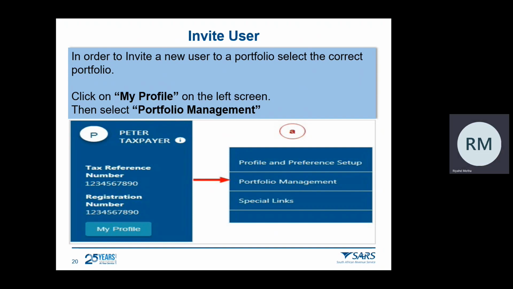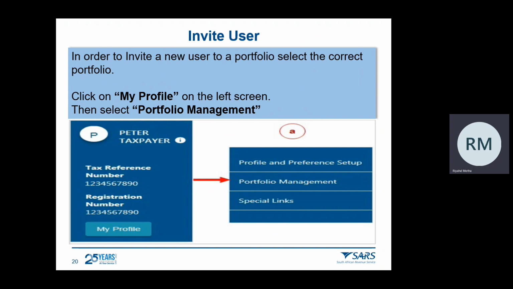The same can be said for a user. If you're receiving an invite, you will only be able to view what access has been given to you. So what that means is if you are invited to a portfolio, whoever's the person that's inviting you, they will not be able to see your personal income tax.